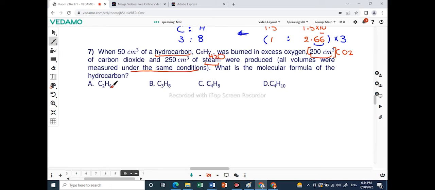So I don't have the mass, I don't have the mole, but I have a very important clue that will help you to assume something. Since all volumes were measured at the same conditions, I can assume the volume is the same as the mole number of gas. In cubic centimeter, the volume equals the mole.